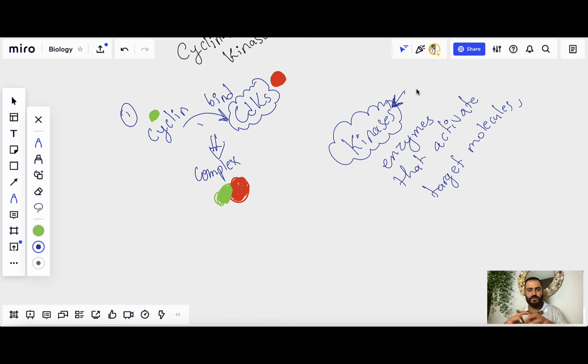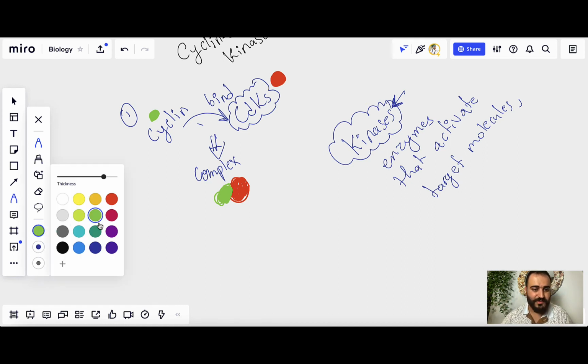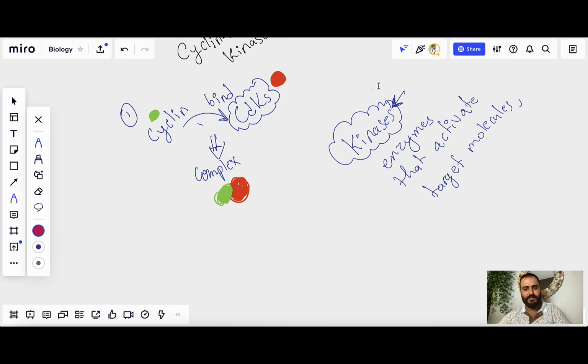So kinases are a huge family of enzymes. Their main function is to give this key for any reaction or any step to happen in the cell. What is this key? This key is called a phosphate group. Chemistry students can understand what a phosphate group is: a phosphate linked to oxygen molecules that forms a functional group that can influence molecules and activate them.